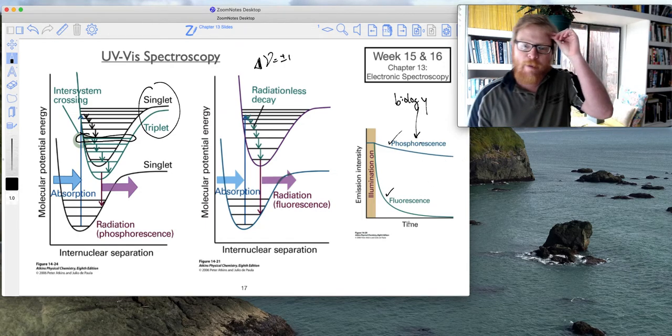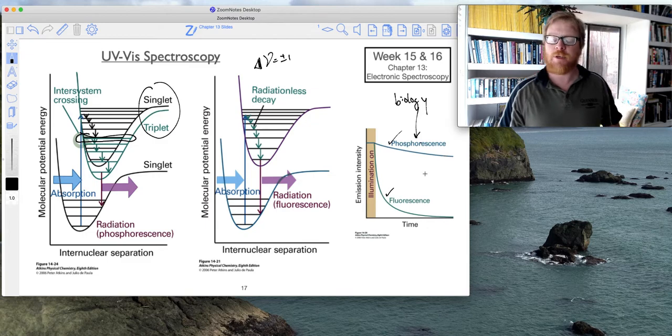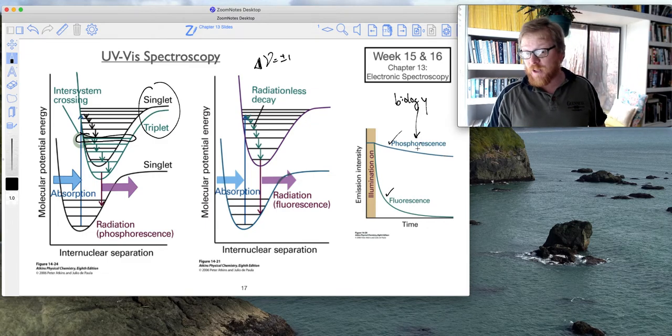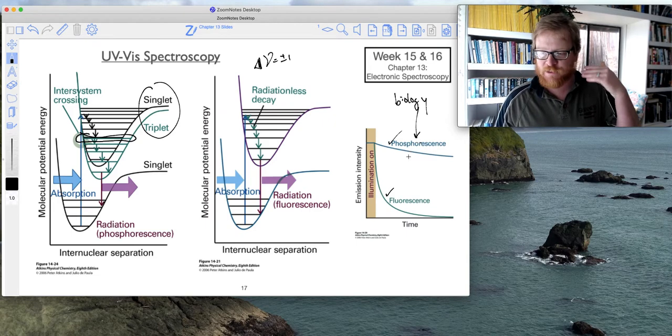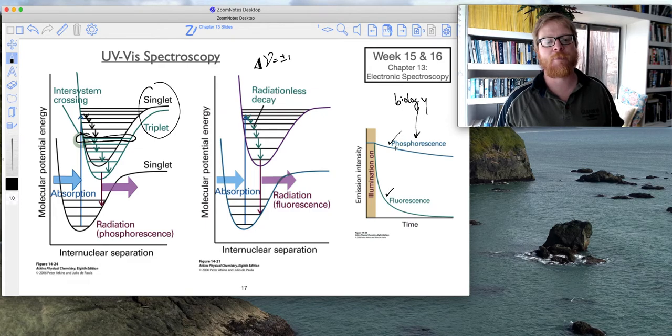If you were trying to biologically engineer yourself to give off light, you would really want to be undergoing phosphorescence, to have that nice long-lasting emission intensity. So often when you hear about bioluminescence, it's really phosphorescence that's occurring there.